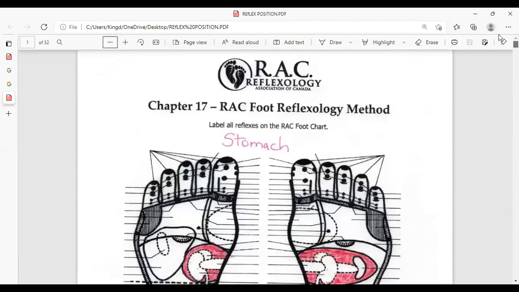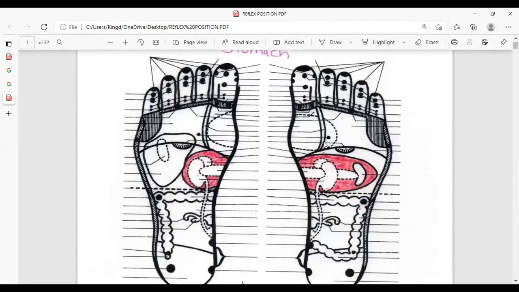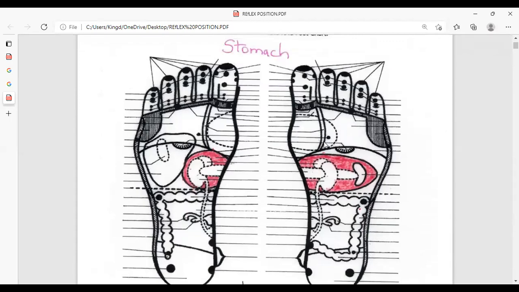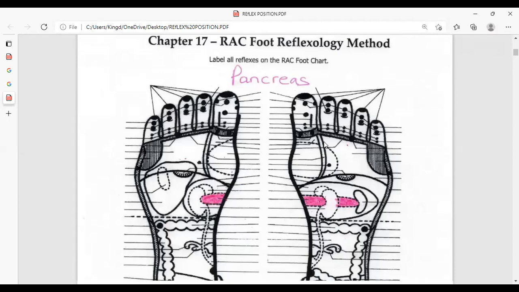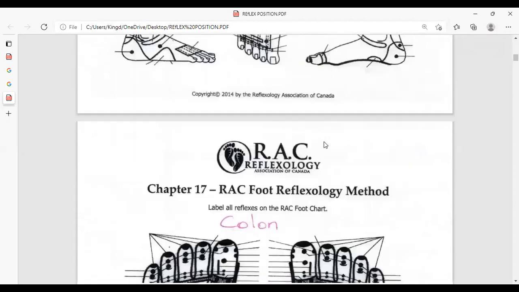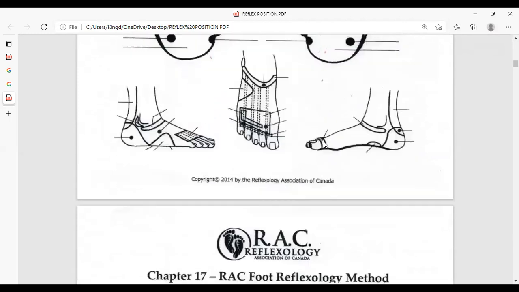We're going to go up from the top. So we see we have the stomach. Take a look at it by themselves. The pancreas, the colon. They're colored so you can see them by themselves.